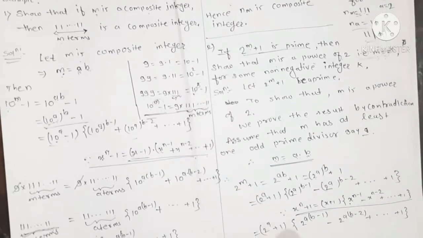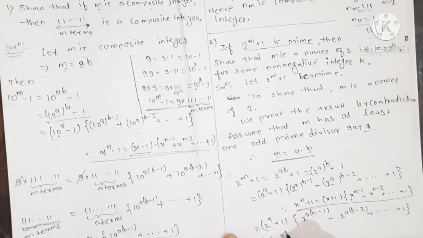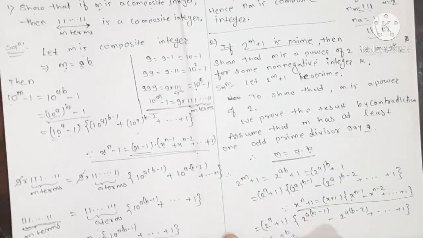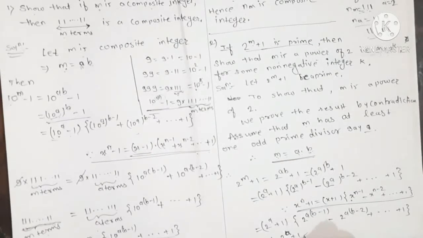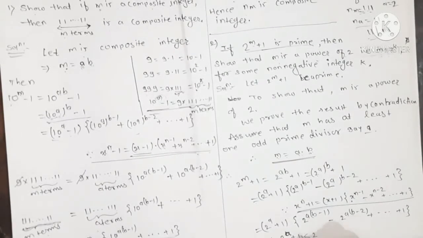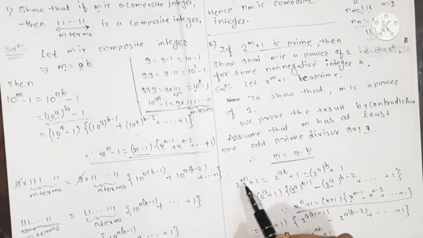Now since 1 is lesser than 2 to the power b plus 1, right, 1 is lesser than 2 to the power b, or we can say that 1 is lesser than 2 to the power a plus 1, and this is lesser than 2 to the power ab plus 1. ab is nothing but our m.